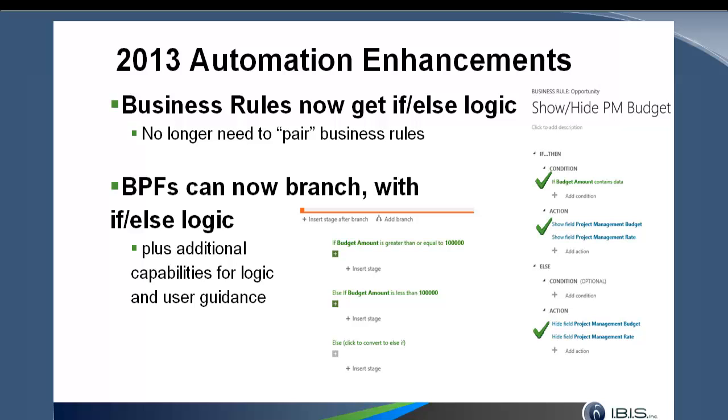If it's greater than 100,000 or less than, or kind of a catch-all with the else. If it fulfills this one, then we'll go to a different stage of our process flow than we would with this one. So this allows you to automatically guide your CRM sales users through a flow depending on the budget of any particular record, opportunity record that is.